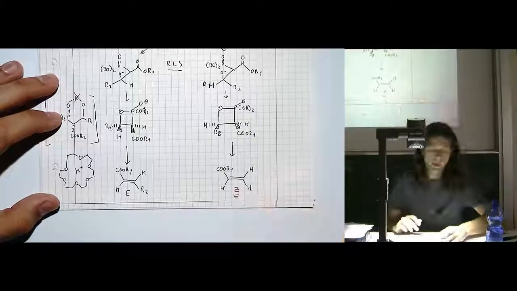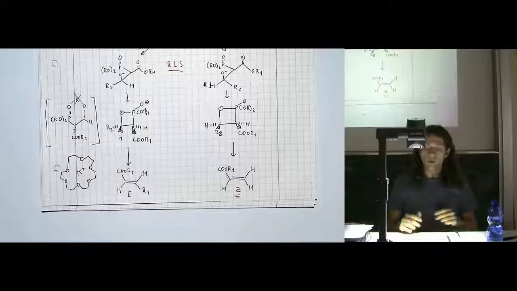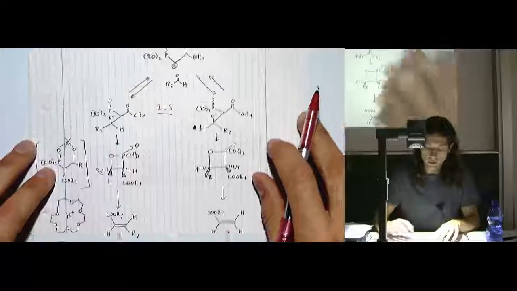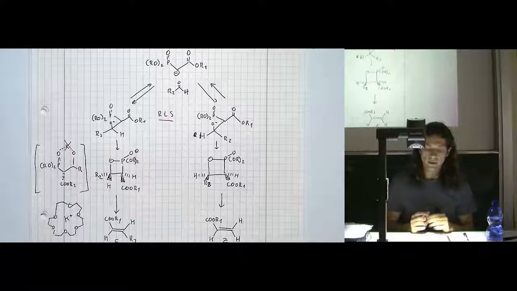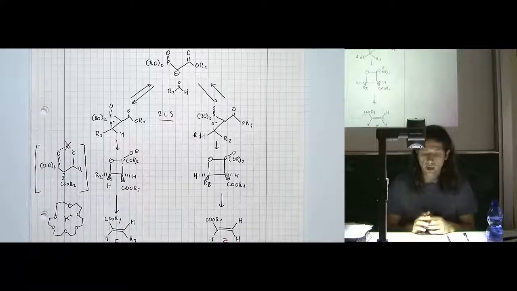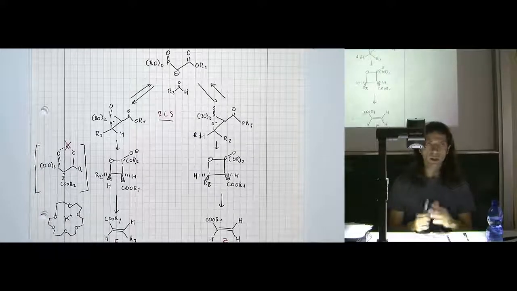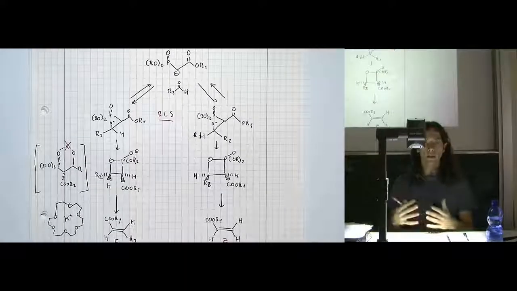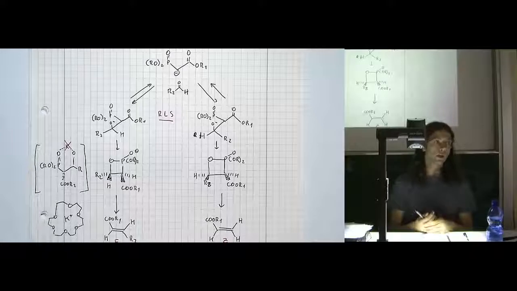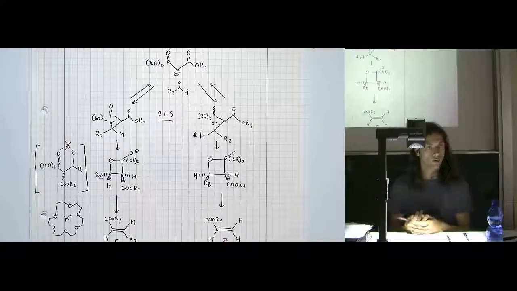And this will be the final product. So this is the rate limiting step, and therefore we have a highly reactive species. Therefore, it will react very fast. Then we are talking about kinetic control of the reaction.